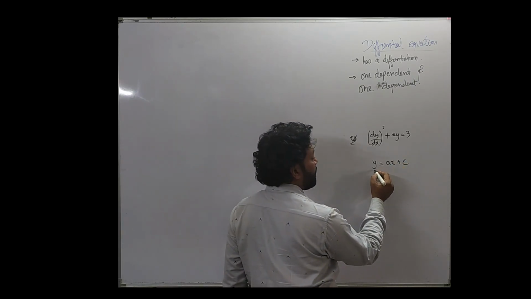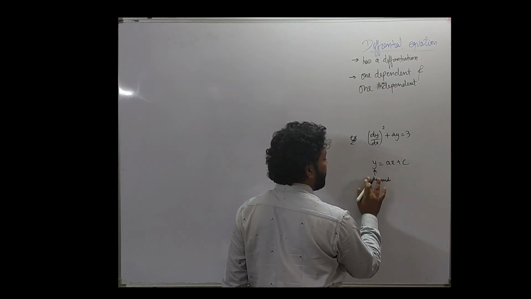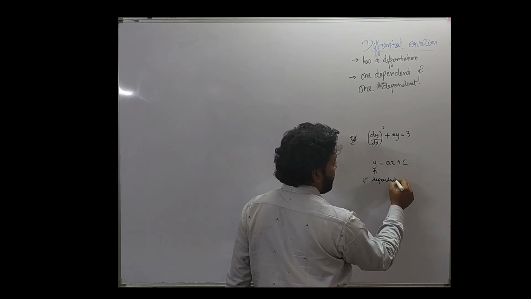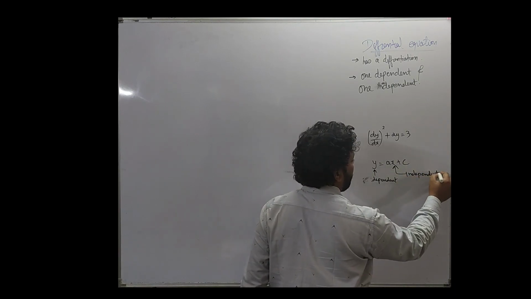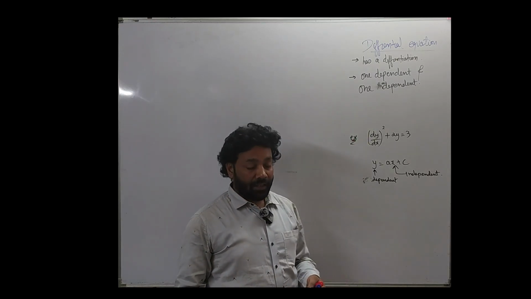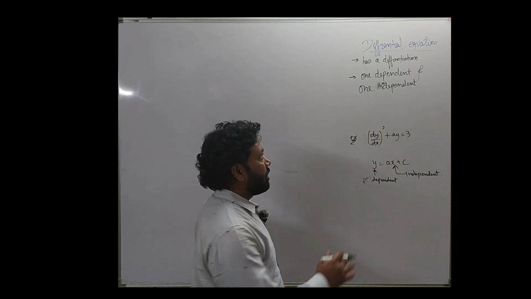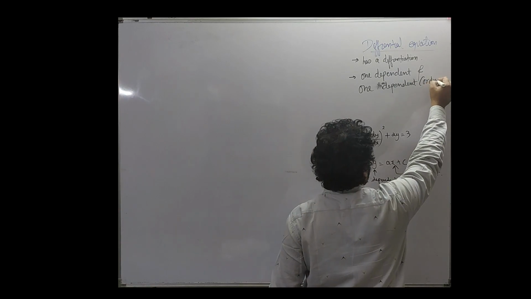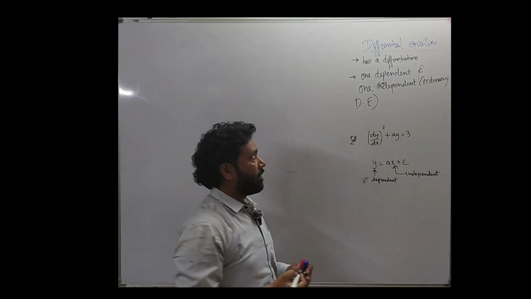In this equation, y is a dependent variable because its value will depend upon x, and x is an independent variable. So when there is one dependent and one independent variable, such a differential equation we call an ordinary differential equation, which we are interested in this part of the chapter.